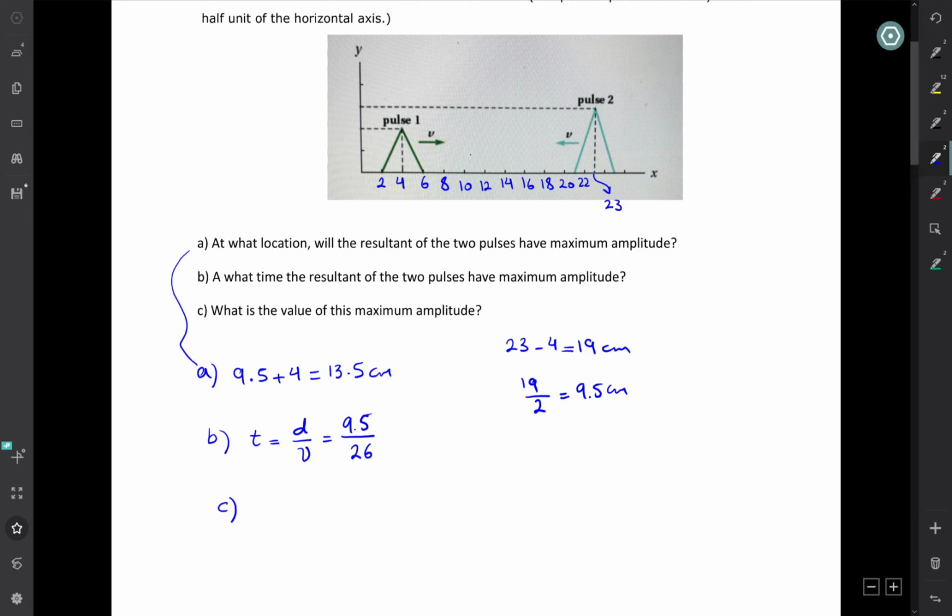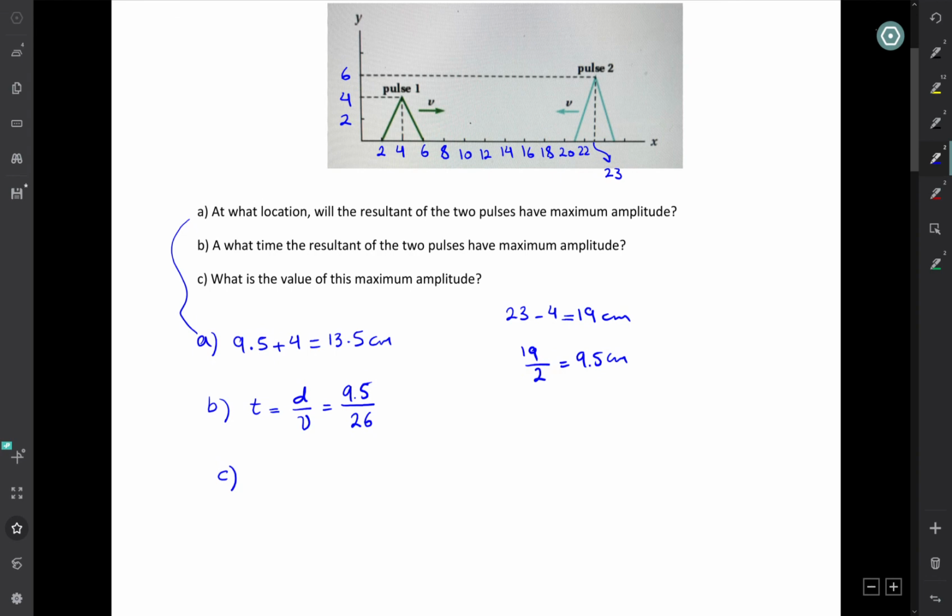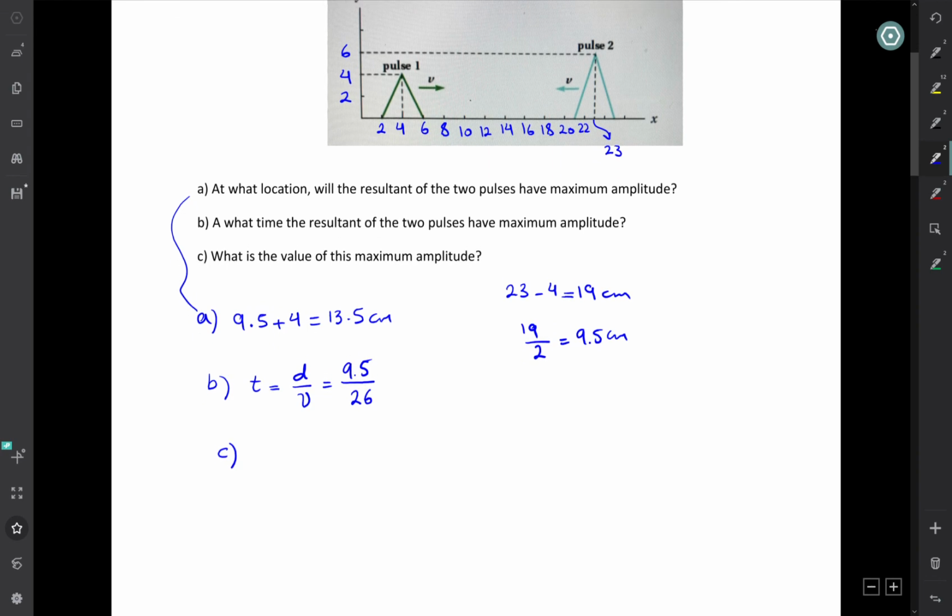If I look at the y-axis, since each unit is 2 centimeters, the height of pulse 1 at its peak is 4 centimeters, plus the height of the peak of pulse 2 at 6 centimeters. If you add them, you get the max amplitude of the resultant wave.